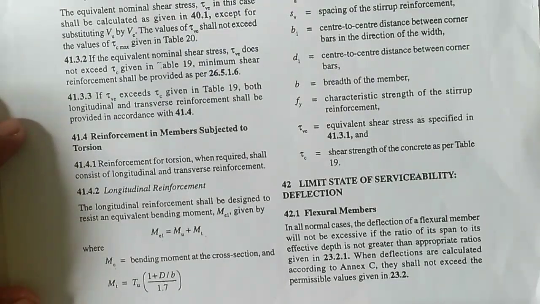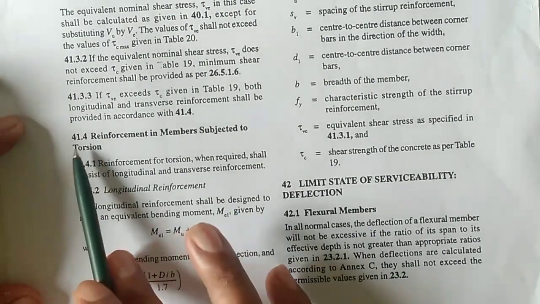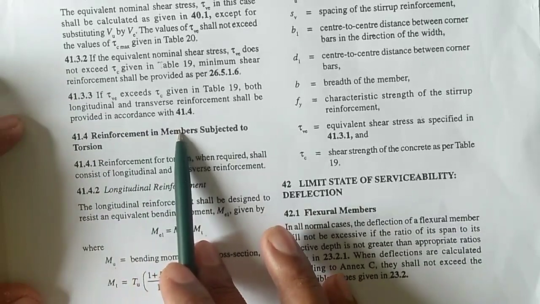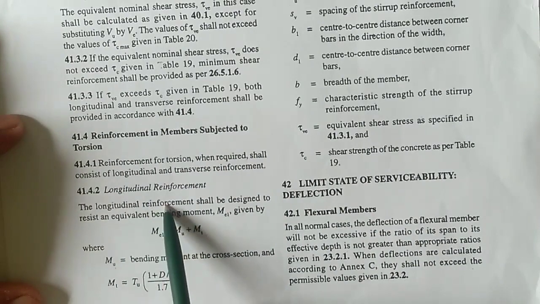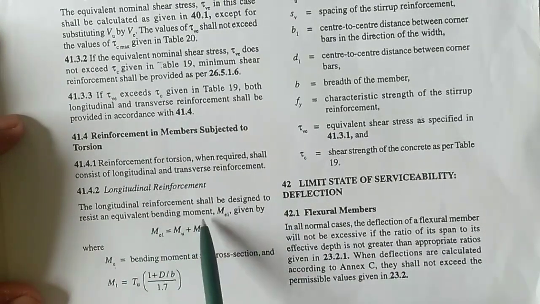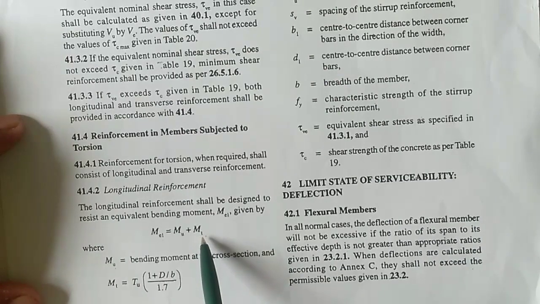Now, if we follow IS 456, in clause 41.4, reinforcement in members subjected to torsion, we will find that the longitudinal reinforcement shall be designed to resist an equivalent bending moment Me1, given by Me1 equal to Mu plus Mt. This Me1 is the equivalent bending moment, and this Mu is the ultimate moment, the bending moment at the cross section, and this Mt is the torsional moment.